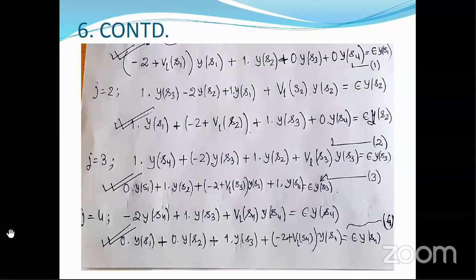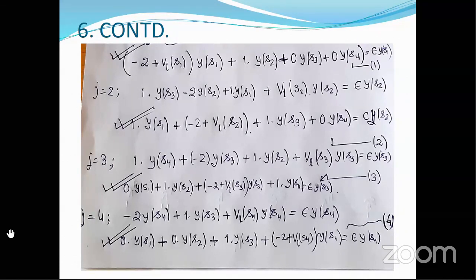While writing, you do commit some mistake. ys2 is missing. 1 times ys3, then 0 times ys4, and epsilon times ys2. Third equation is obtained putting j equal 3, and I have similarly 0 ys1, 1 times ys2, minus 2 plus vls3 ys3, 1 times ys4 equal epsilon ys3, and fourth equation is obtained putting j equal 4, and it is a similar equation. So we have all 4 equations lined up.